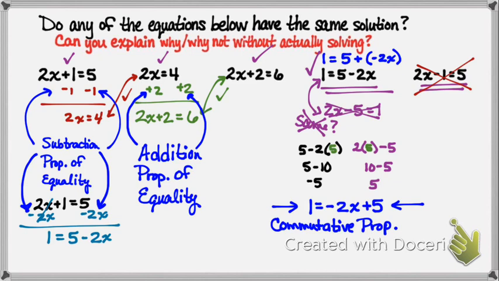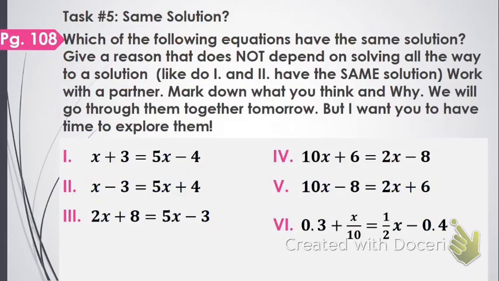All right. What I want you guys to start looking at, page 108 in your book. We'll spend some class time tomorrow actually digging into this. But page 108 in your book is very similar to this right here, in that I've given you 6 different equations. These are slightly more complicated.